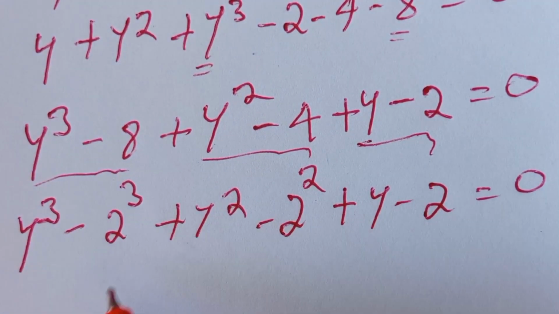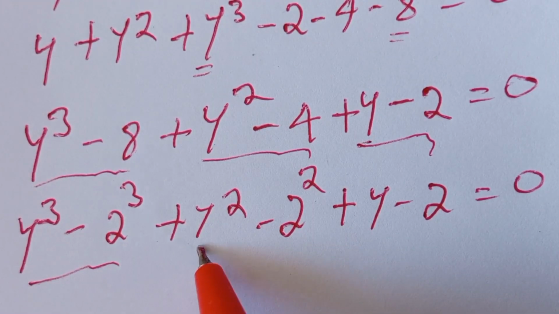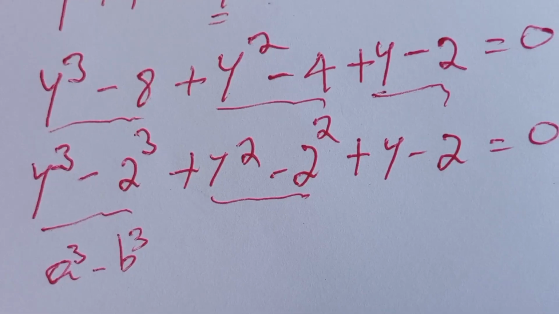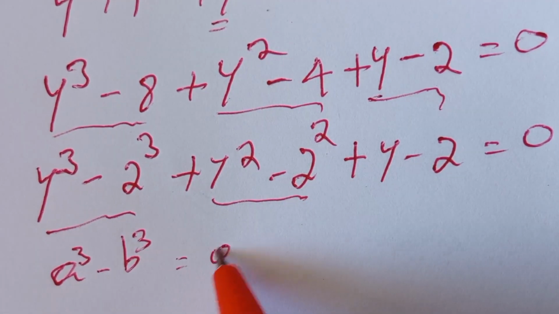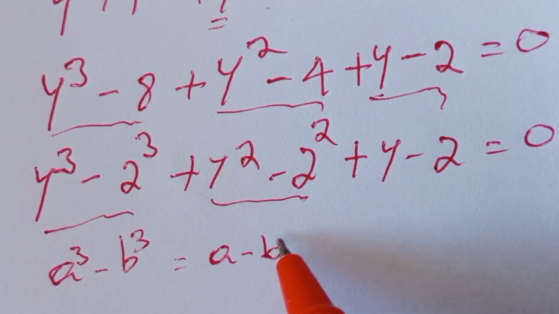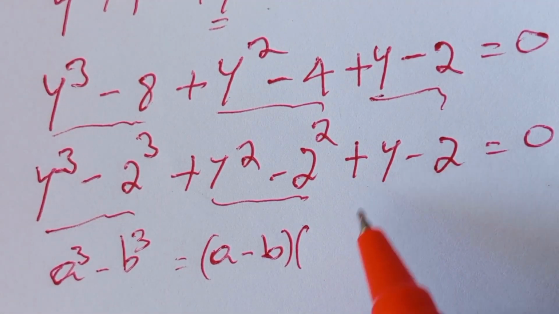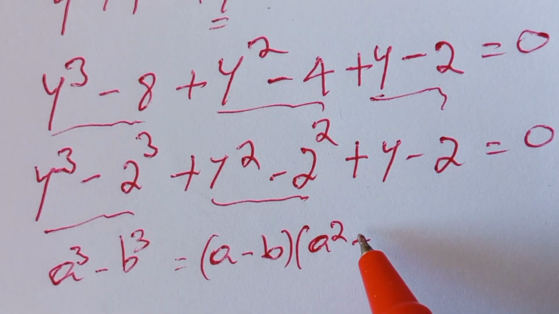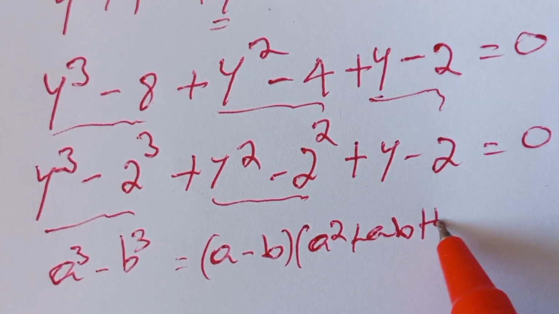Now this is cubed and this is squared, so we use the identity: a cubed minus b cubed equals a minus b times a squared plus ab plus b squared.